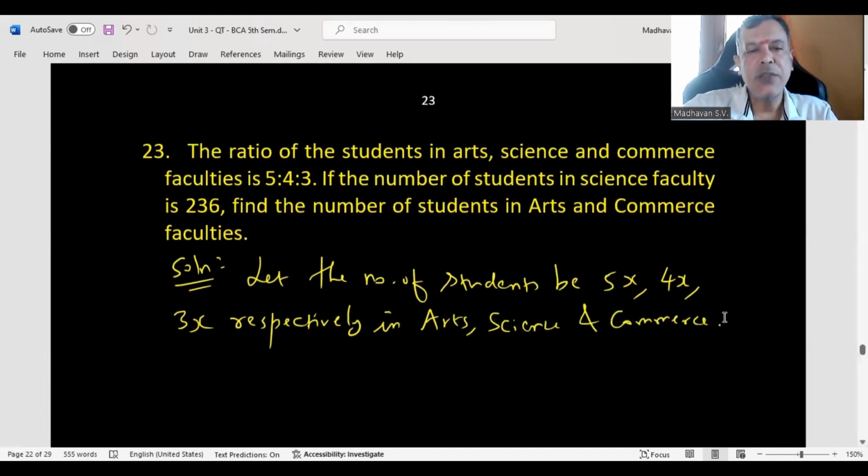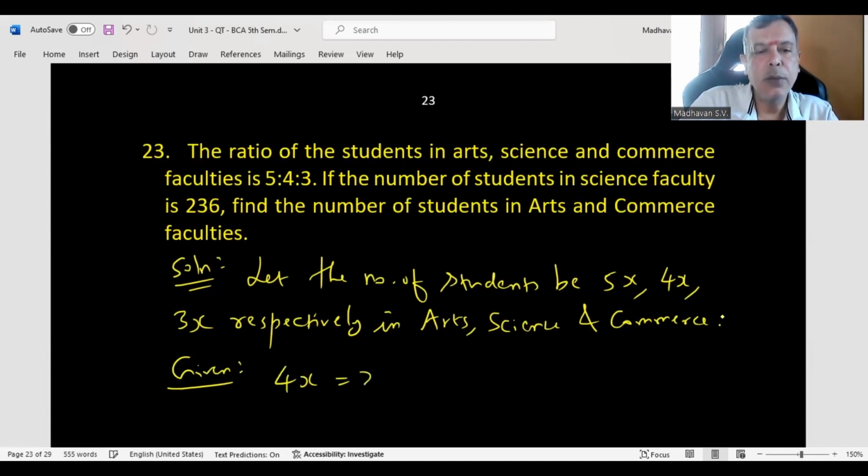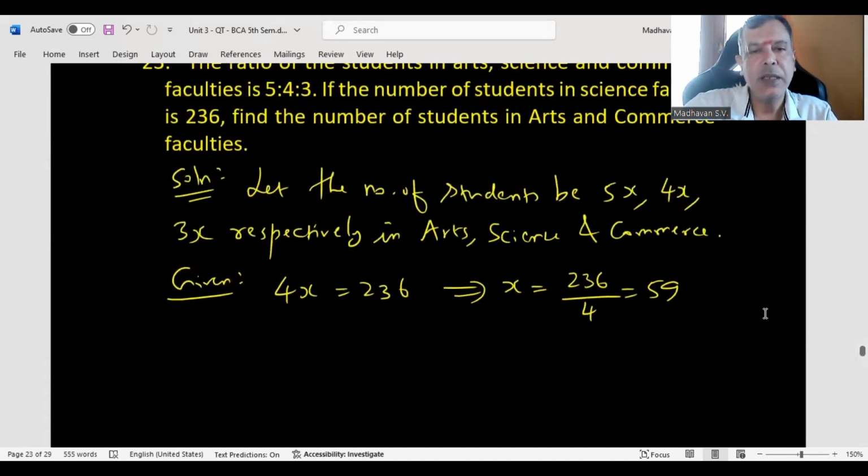So they say science faculty is 236, means given 4x equal to 236. That means x is 236 divided by 4. 4 5s are 20, 4 9s are 36. So x is 59.